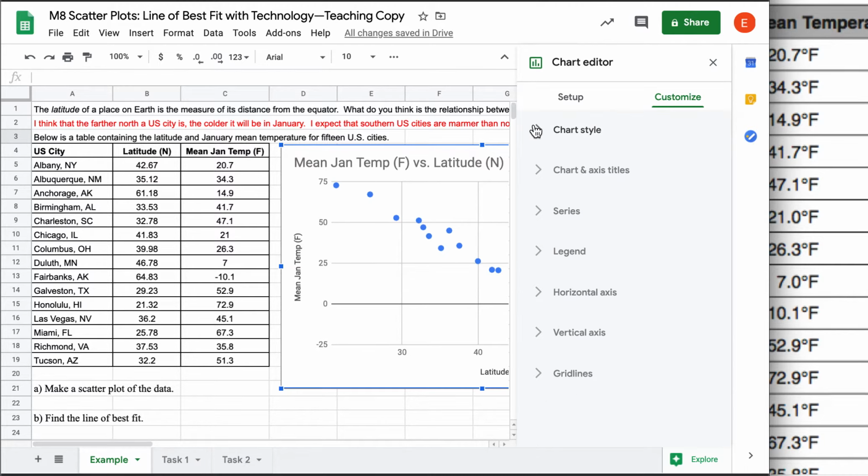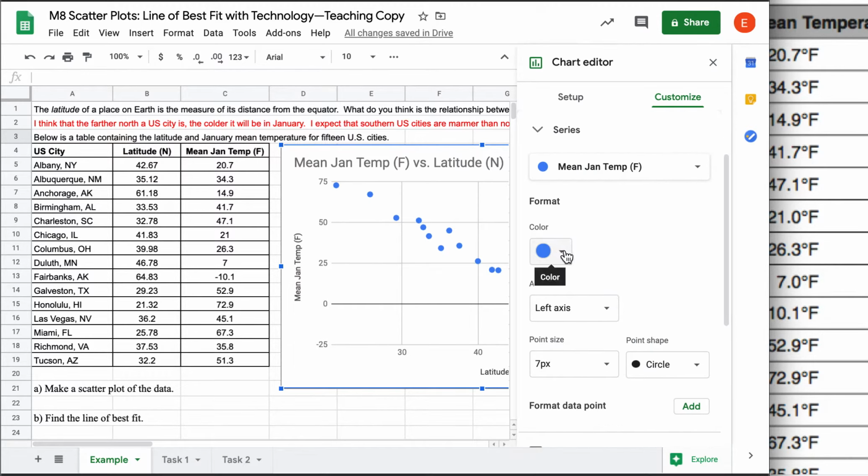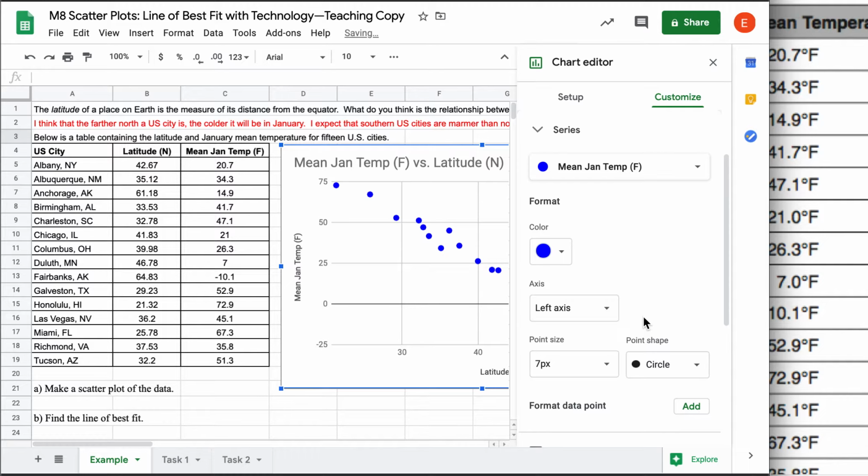You can change a lot of things. But what we're interested in doing for creating a scatter plot is to go into series. Now in series, this is where you can actually change the color. I'm going to leave it blue because, you know, January is cold and blue's a color you associate with cold.